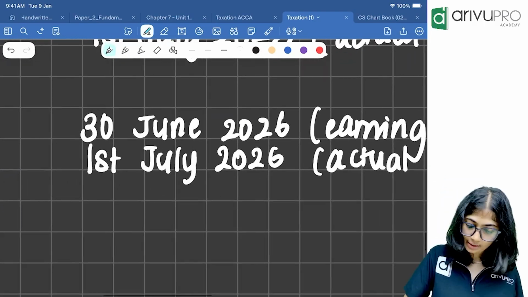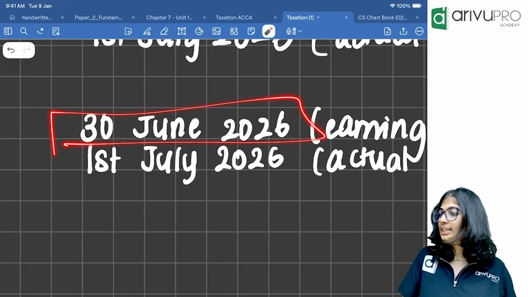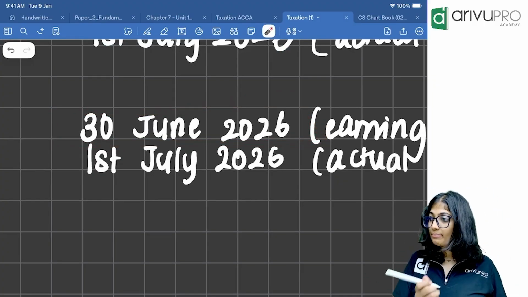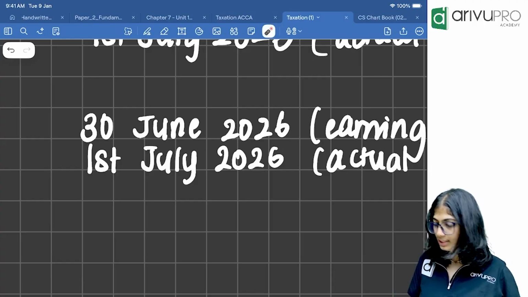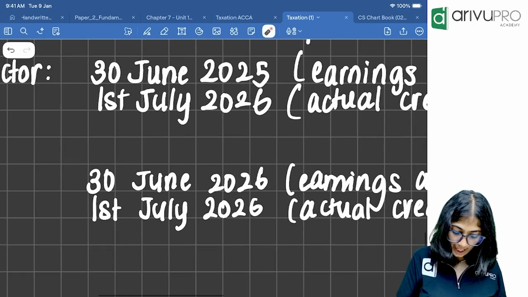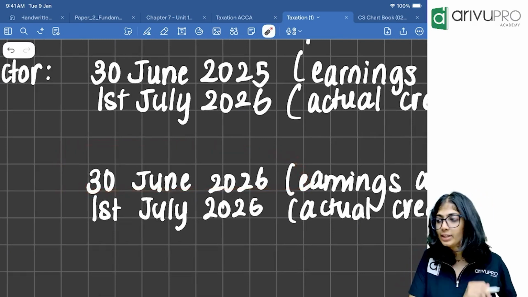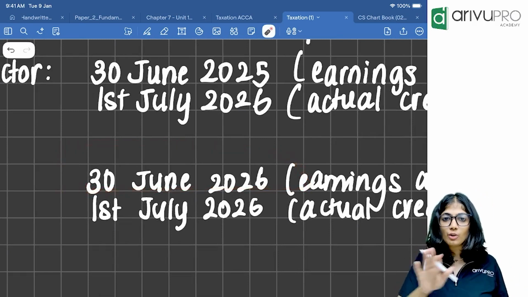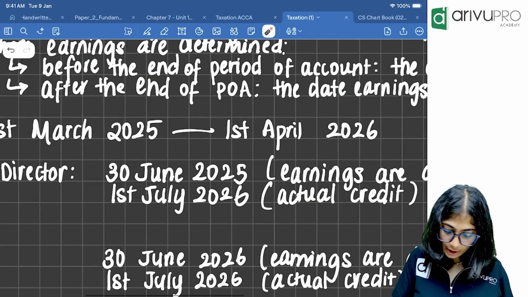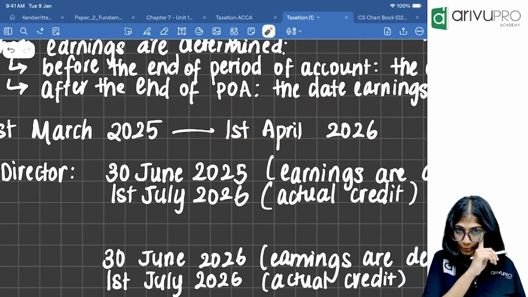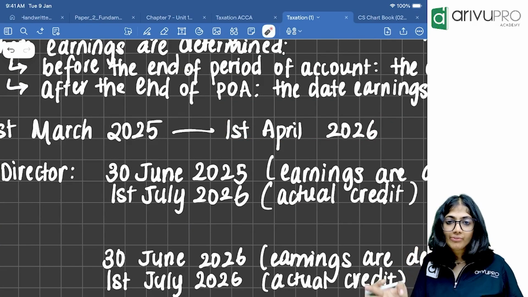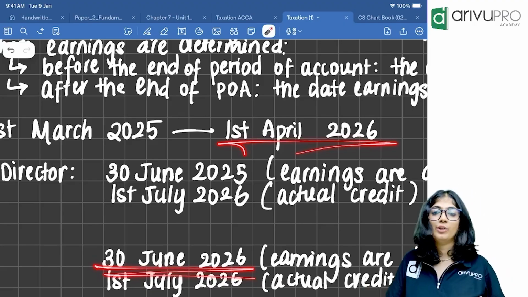If earnings are determined before the end of the period of account, then it is the end of that period. Now, can you tell me, is this before the end of period of account or after? After, clearly, right? Because it ends on 1st April 2026. April, May, June. It is after the end of period of account.